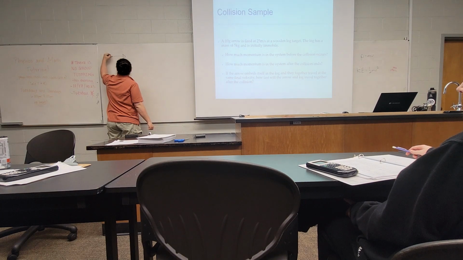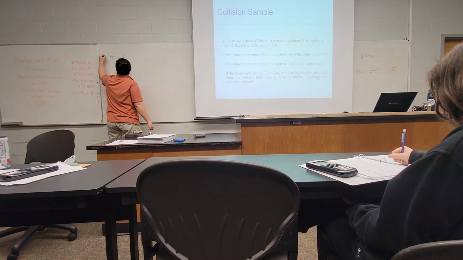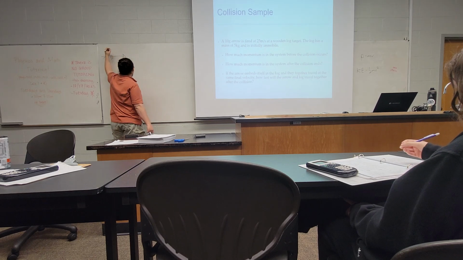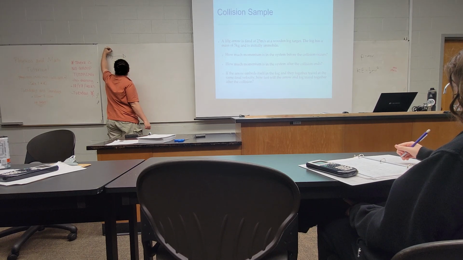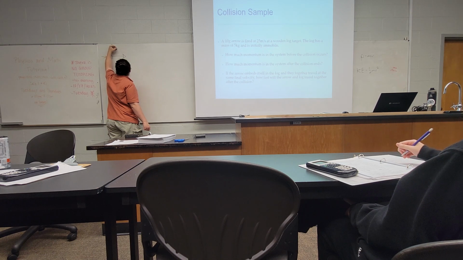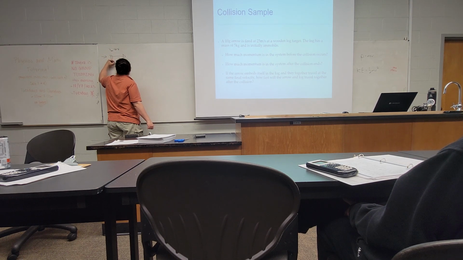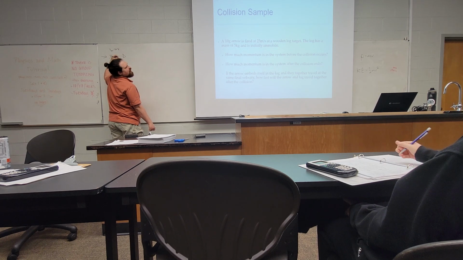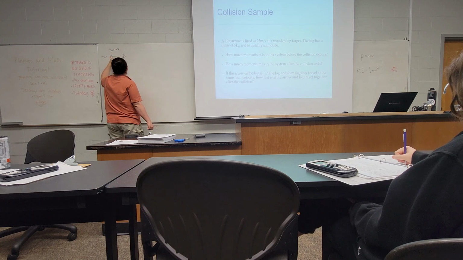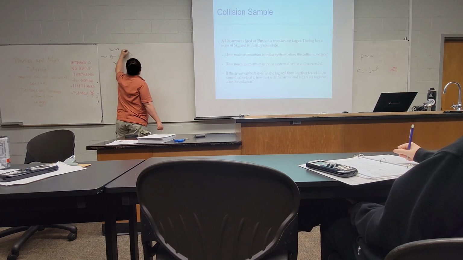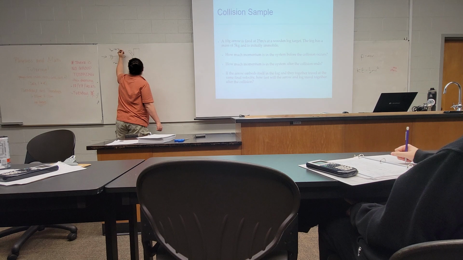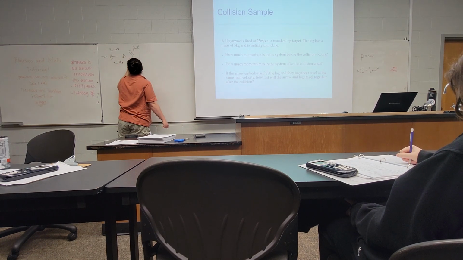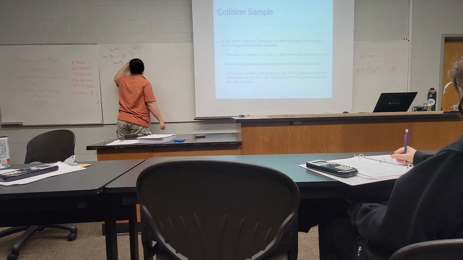So our initial state, arrow is flying forward at 25 meters per second. Mass of 10 grams, excuse me. Being launched at a log. Log's initial velocity is 0. And its mass is 25 kilograms.